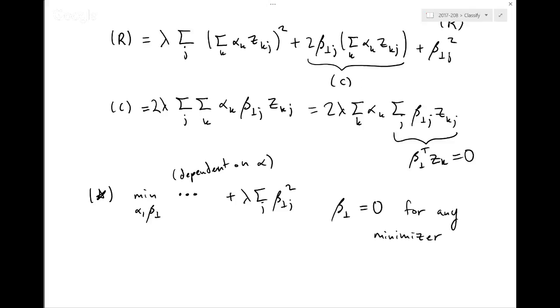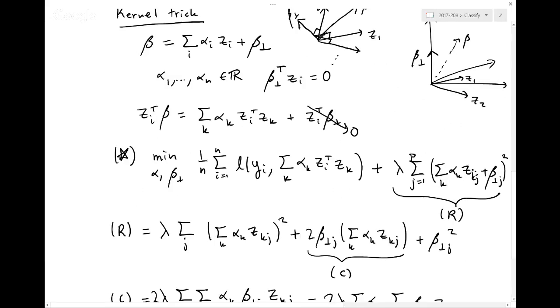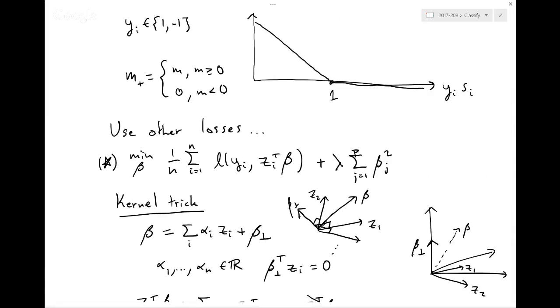So if you wanted to minimize this, you would just always set this beta perp equal to 0. So this is sort of a magical thing, because what we've done is, under this relatively general form, for this loss here, right? So this could be the logistic loss, the support vector machine loss, the L2 loss.